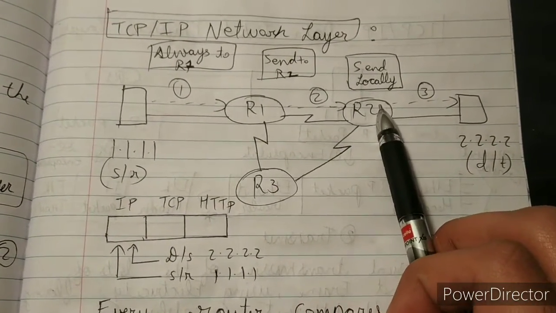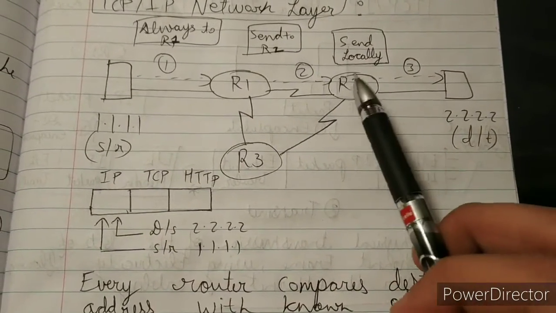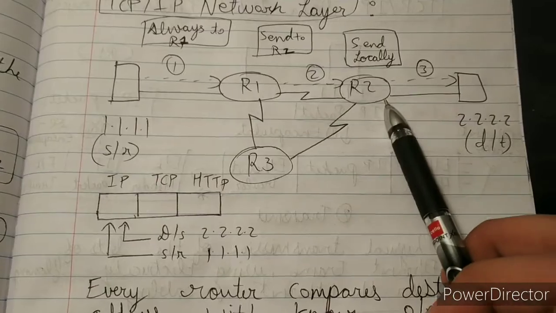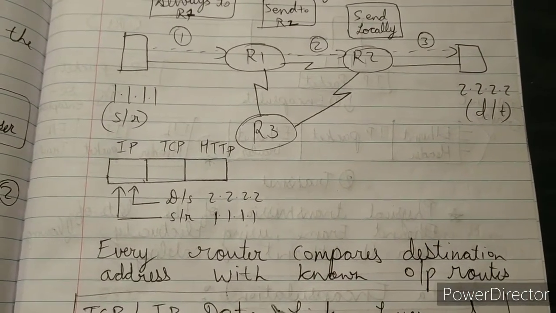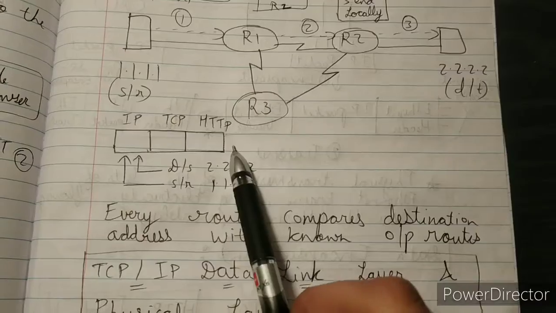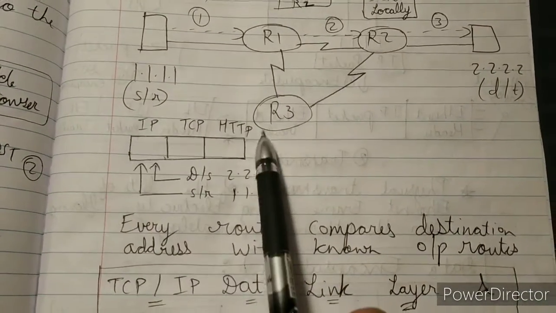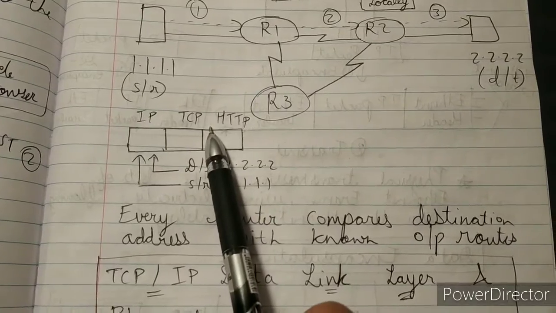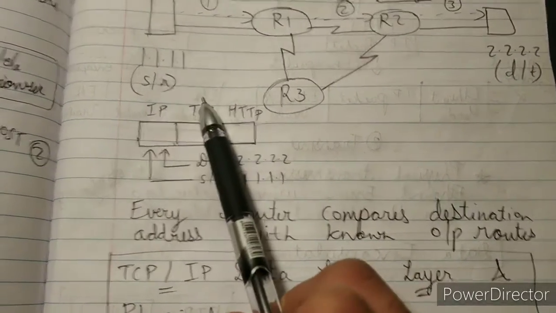Router 2 sends the packet locally to the destination, repeating the same process of comparing the destination address with the known output routes. One more thing I would like to mention here is that it encapsulates the messages into the IP protocol.